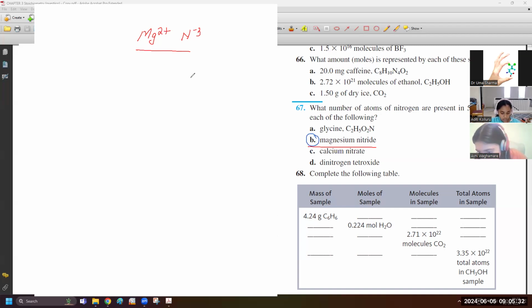Mg3 and N2. That's the formula, right? Yes. Now you will start with this Mg3N2.